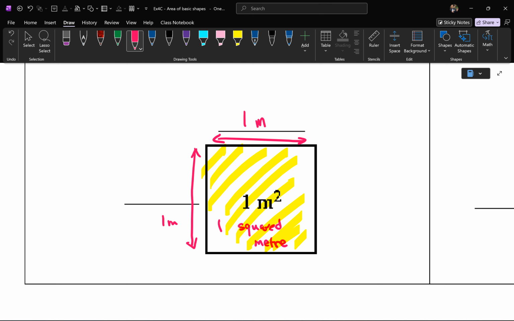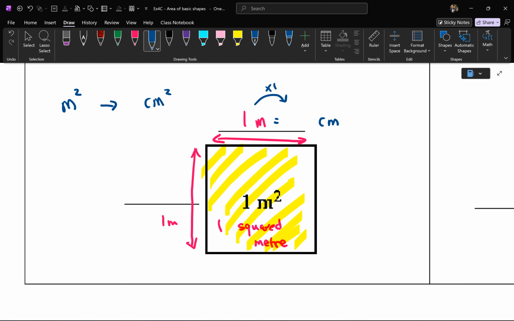Now you can see where the formula comes from. Because it's 2 dimensions, if I wanted to convert square meters to squared centimeters, I would need to convert this one into centimeters. But if you convert this to centimeters, can you see 1 meter is equivalent to how many centimeters again? 100.